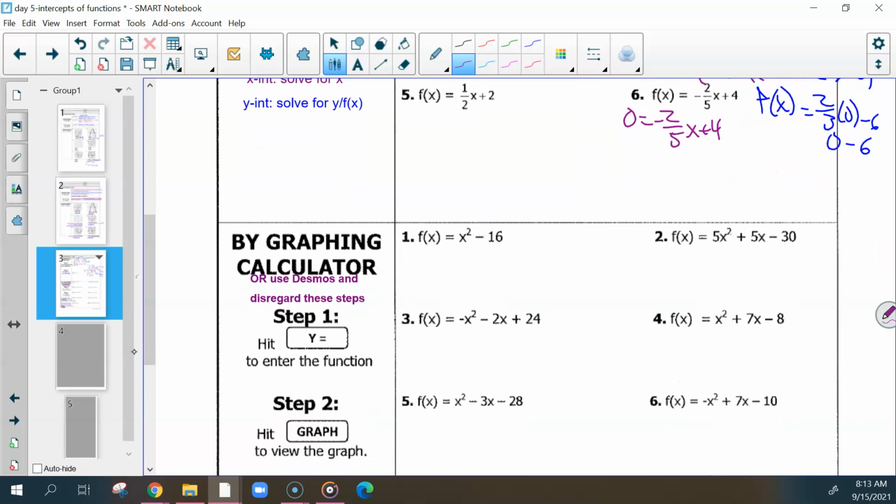So same thing, I need to get my x-intercept, set y equal to 0, solve for x. Get rid of 4 by subtracting. And either multiply both sides by 5 and then divide by 2, or multiply both sides by that flipped fraction.